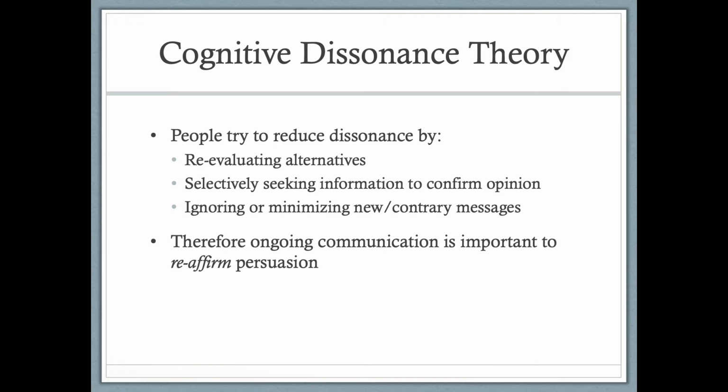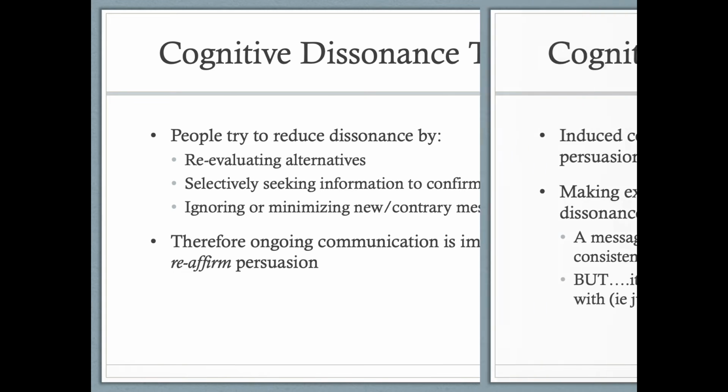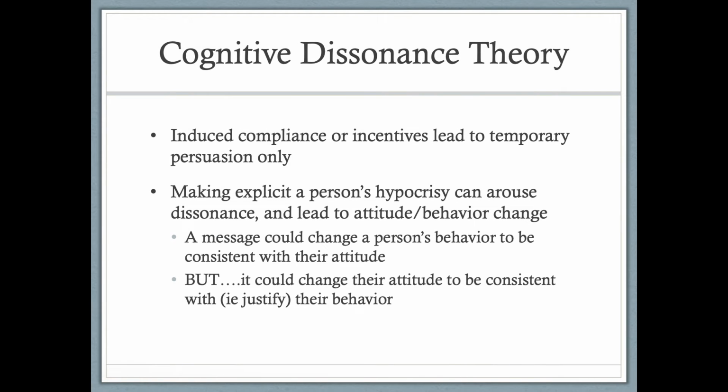It happens with writing too. Therefore, ongoing communication is important to reaffirm persuasion. Induced compliance or incentives to try to get people to change their perspective can lead to only temporary persuasion. So it's important to be mindful of that.